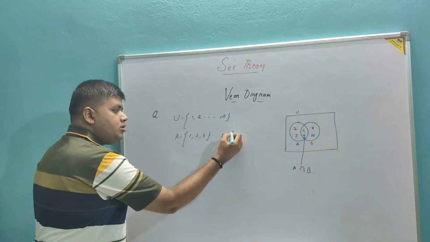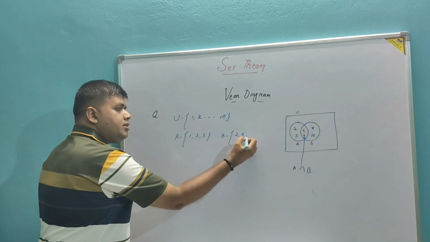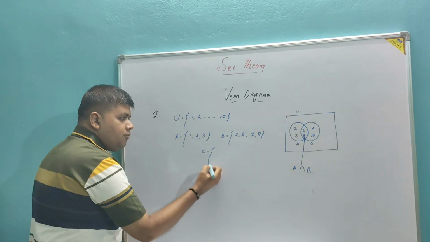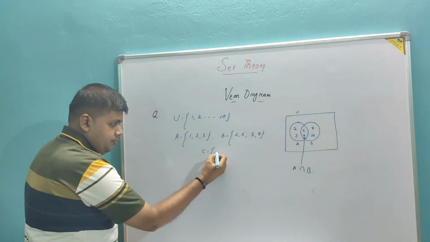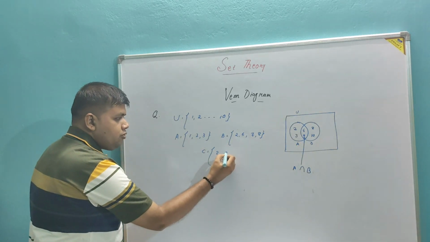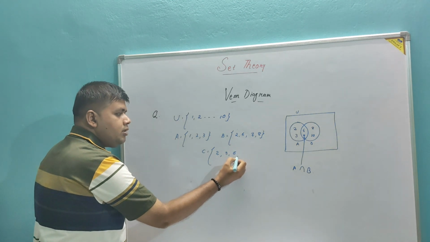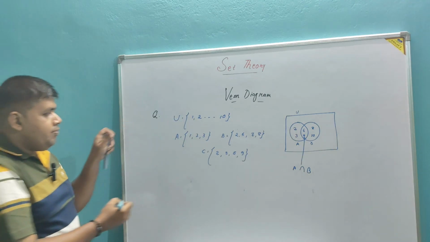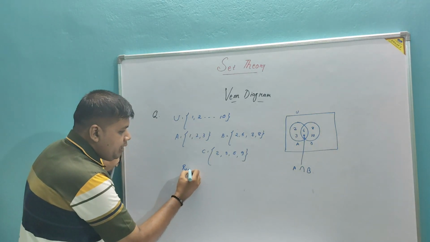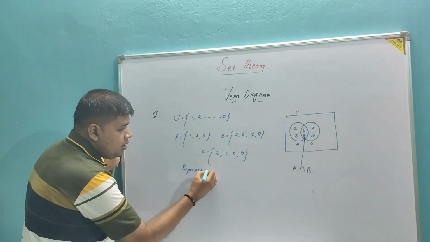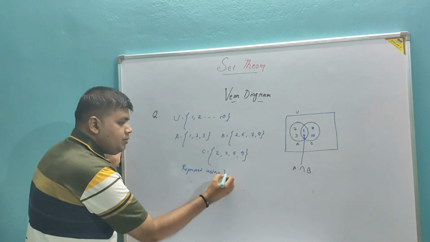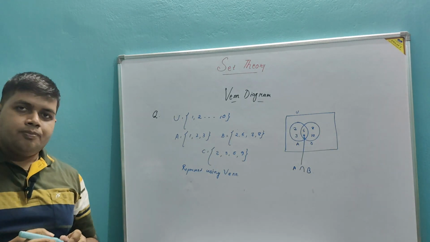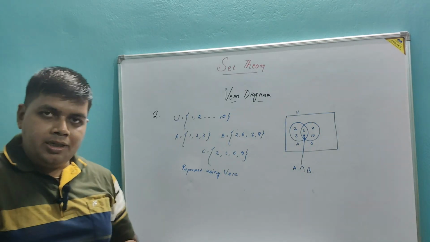The set B consists of elements 2, 6, 7, 8, and the set C consists of 2, 3, 5, 9. Represent them using a Venn diagram. With this, I hope the concepts of Venn diagram will be clear.